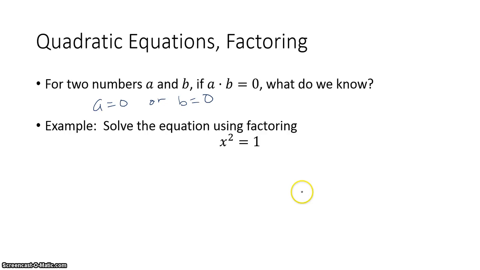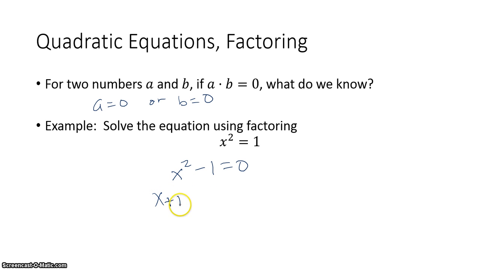So first thing, let's solve the following equation using factoring. So let's try and rewrite this equation so everything's on the left equal to 0. x squared minus 1 equals 0. Now we want to solve this equation using factoring. So how do we factor x squared minus 1?